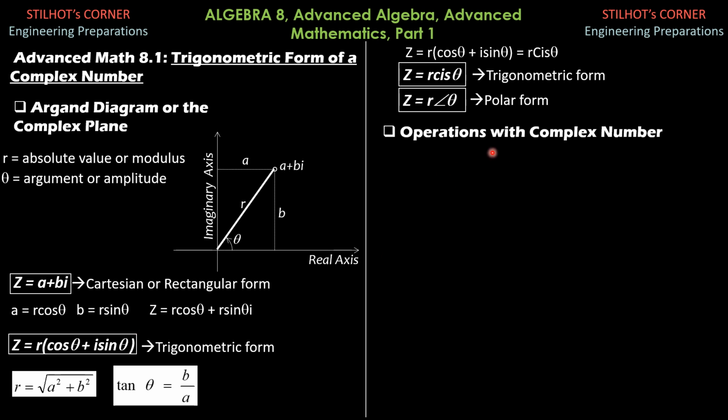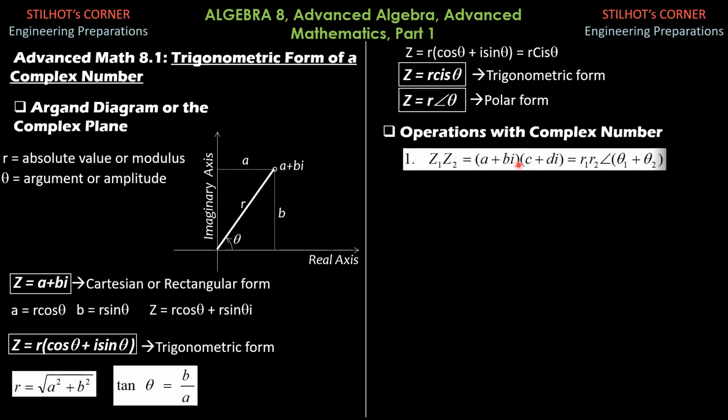So for a product, it is equal to the product of the absolute values or moduli, then the angles added. So z1 z2, quantity a plus bi times c plus di, is the modulus of the first complex number times the modulus of the second complex number. Then their angles are added.